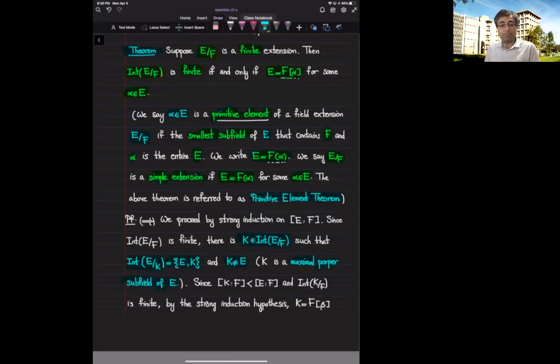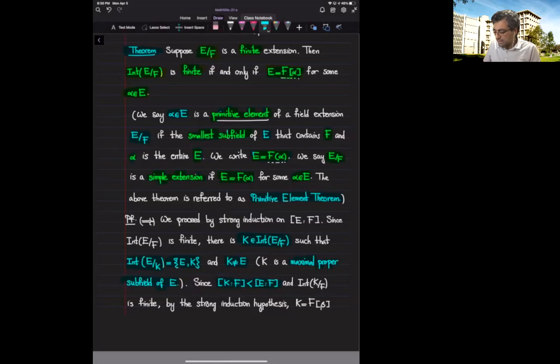And because it's a proper subfield, we deduce, using the Tower rule, that the degree of this field extension is strictly less than the degree of the field extension E over F, and therefore I'm allowed to use the strong induction hypothesis.